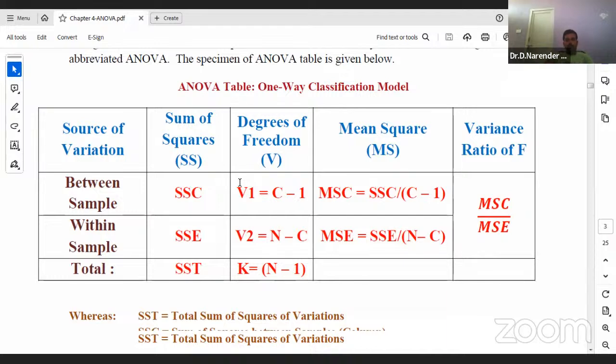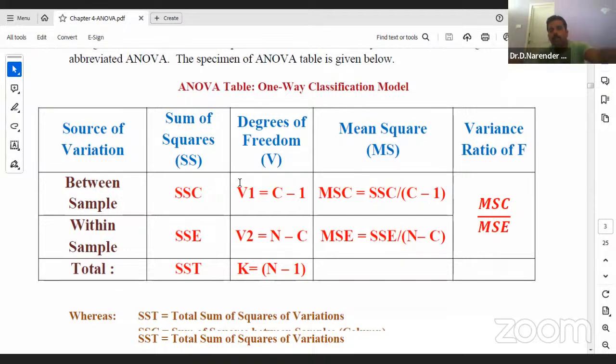The same table is used for ANOVA two-way and one-way classification; there are no separate table values. We use only one table, with 1% LOS and 5% LOS, and based on the problem we use 1% or 5%.